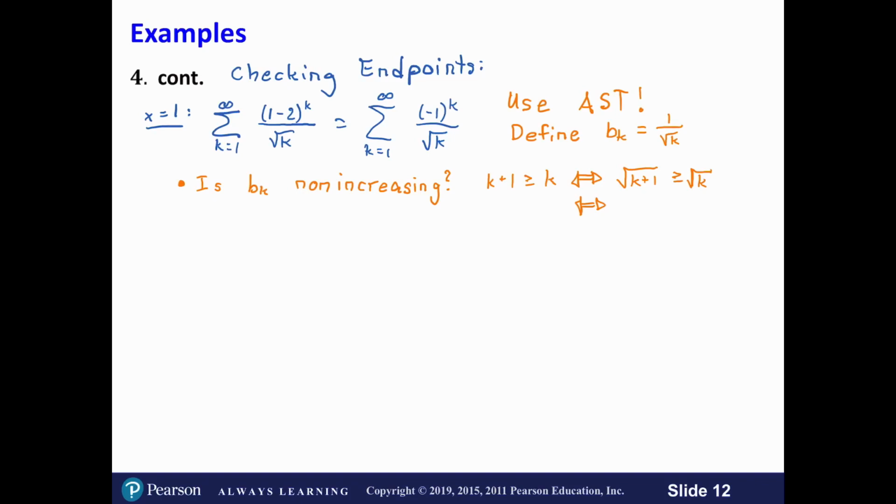And this implies, if we invert both sides, that 1 over the square root of k plus 1 is less than or equal to 1 over the square root of k. And this is bk plus 1, and this is bk. So what we have essentially shown is that bk plus 1 is less than or equal to bk. So yes, it is indeed non-increasing.